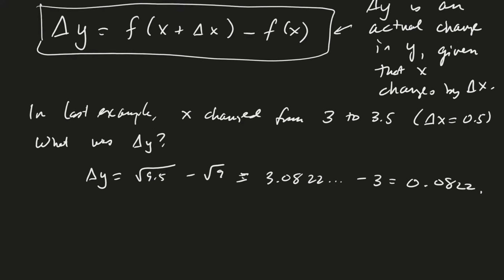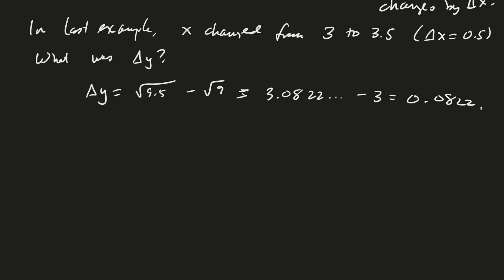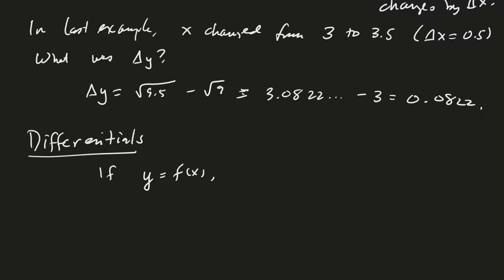Alright, so now we're ready to define a different change, and that is the differential. So, differentials. Okay, so if y is equal to f of x, then in Leibniz notation we say that the derivative dy over dx is f prime of x.